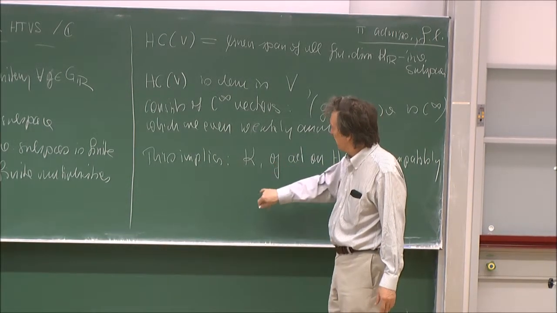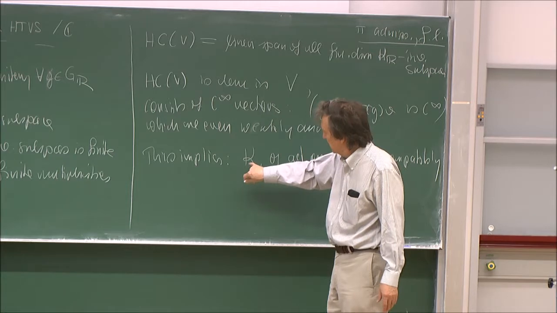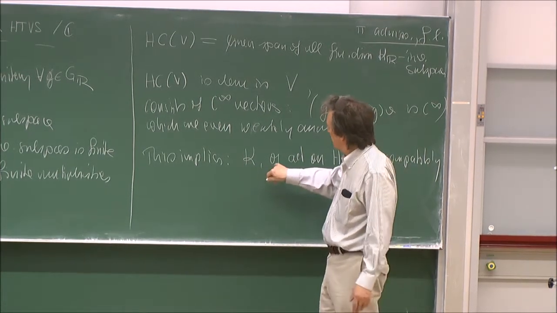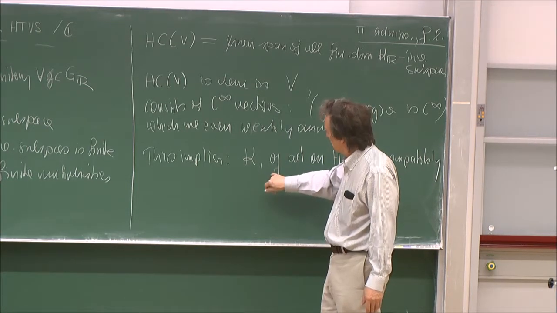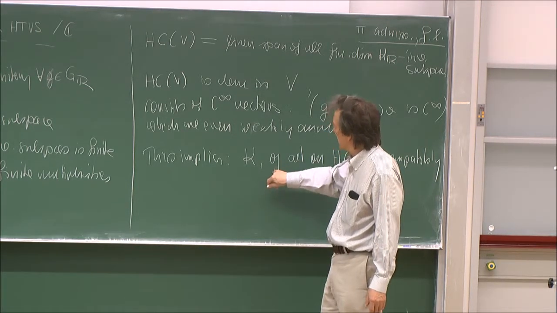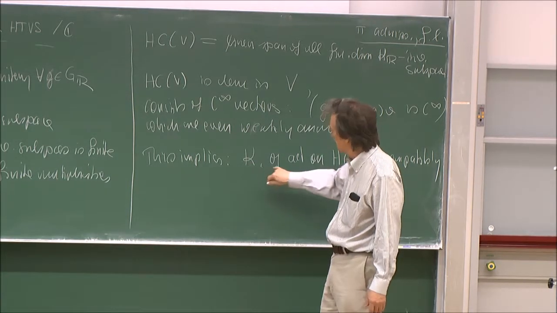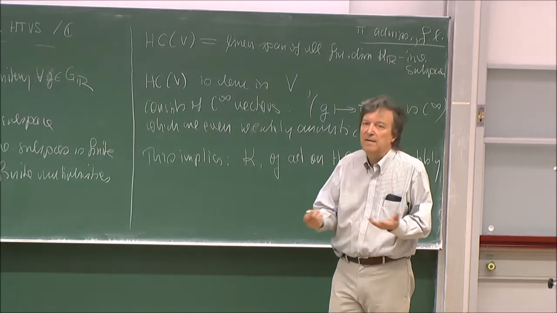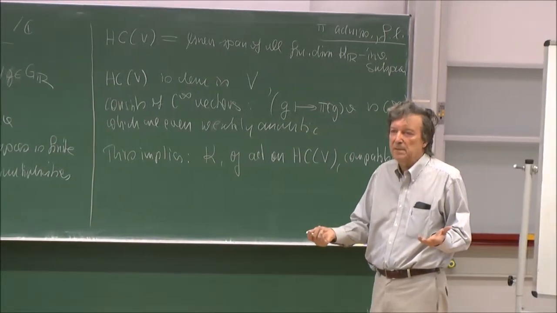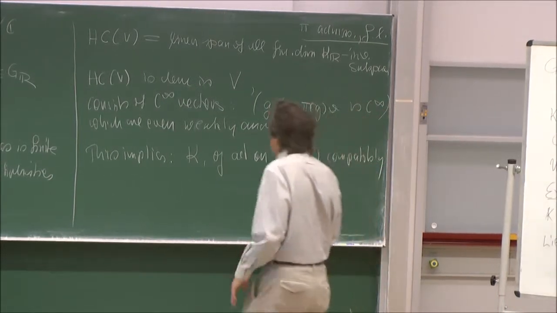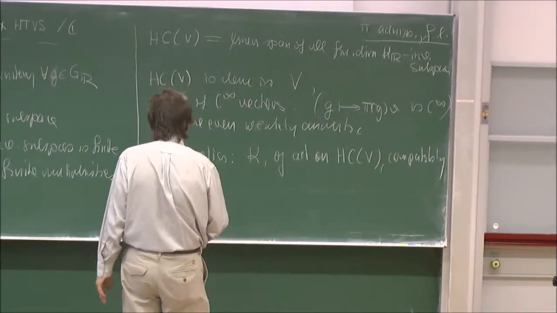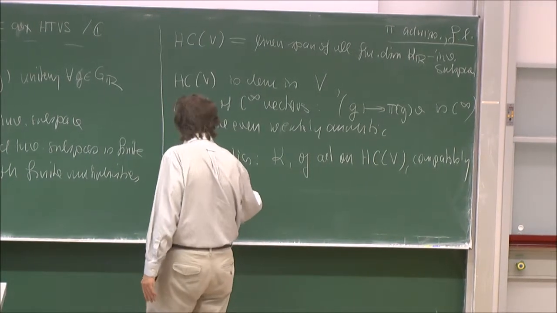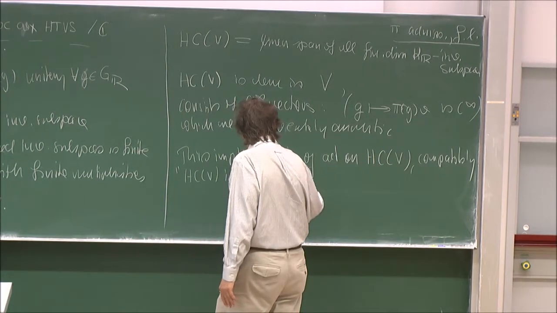And of course, by differentiation, the action of the group K is an action of the algebra k, and then K as a subalgebra of g acts, and of course the two actions, by differentiation and as a subalgebra of g, coincide. That's what it means for the actions to be compatible. And the fact that we have these compatible actions is referred to by saying that HC of V is a (g,K) module.